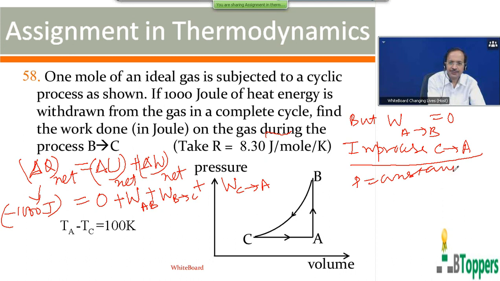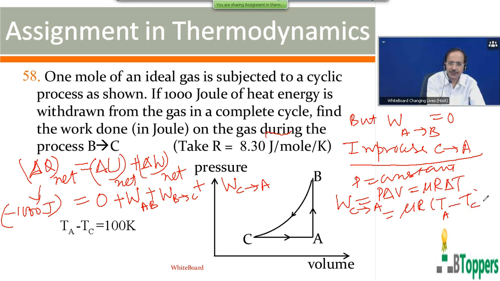So work done by the gas at constant pressure is given by the formula P delta V or nu R delta T. So nu R delta T is equal to nu R into temperature at A minus temperature at C. In the process C to A, C is the initial state, A is the final state. So final temperature means temperature at A, initial temperature C.